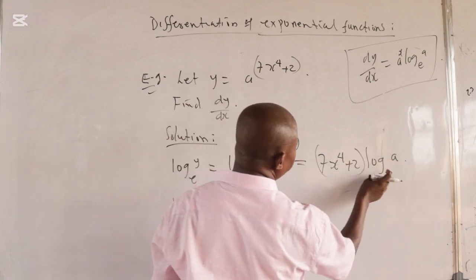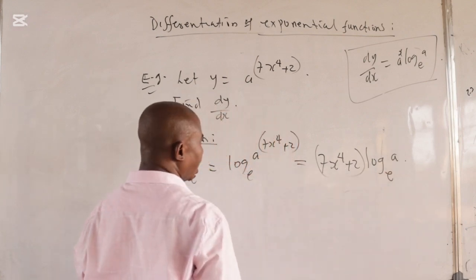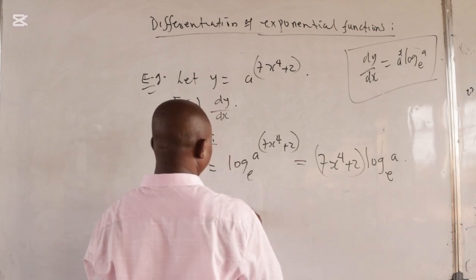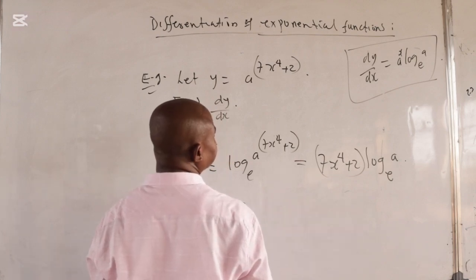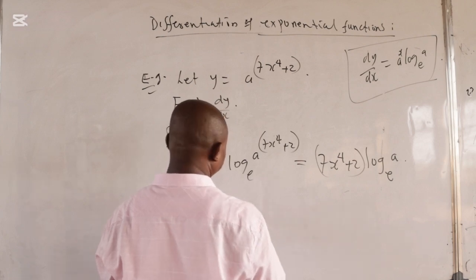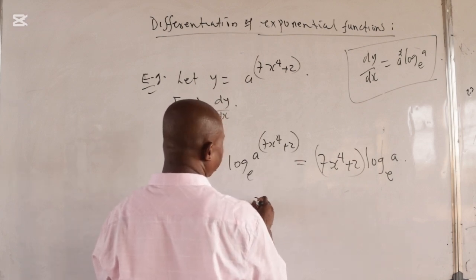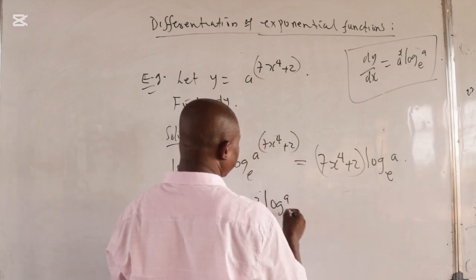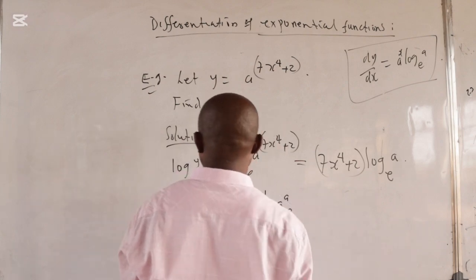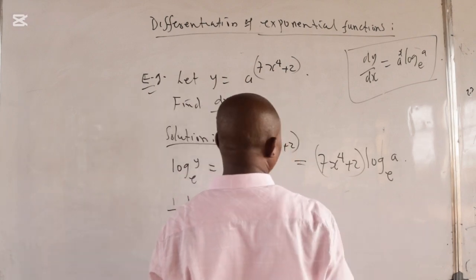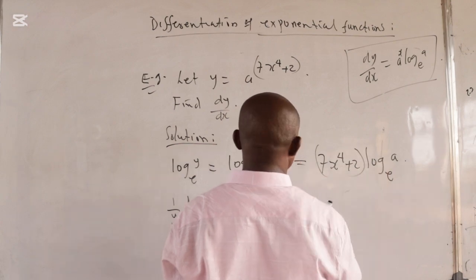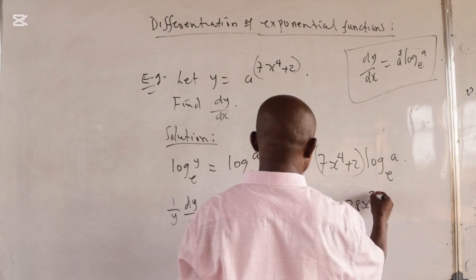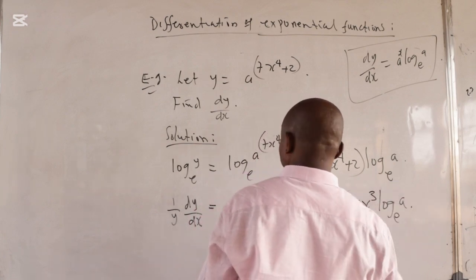So if we differentiate this, keeping this constant, then we're going to have 7 times 4 is 28, 28x raised to the power 3 multiplied by log of a to base e, plus we keep this constant and differentiate this, we get 0. So this is 0. And this returns 28x raised to the power 3 log to base e of a.